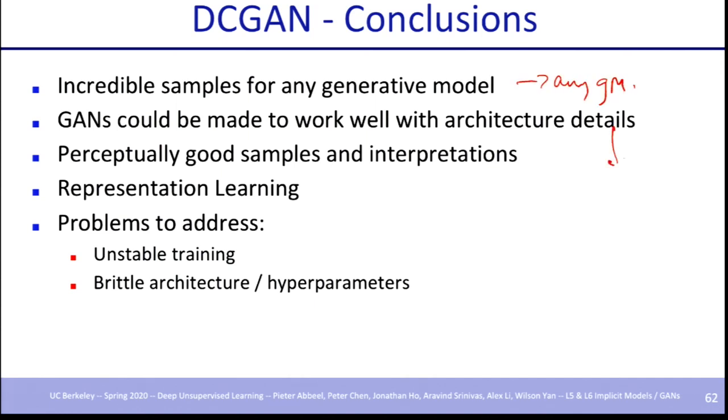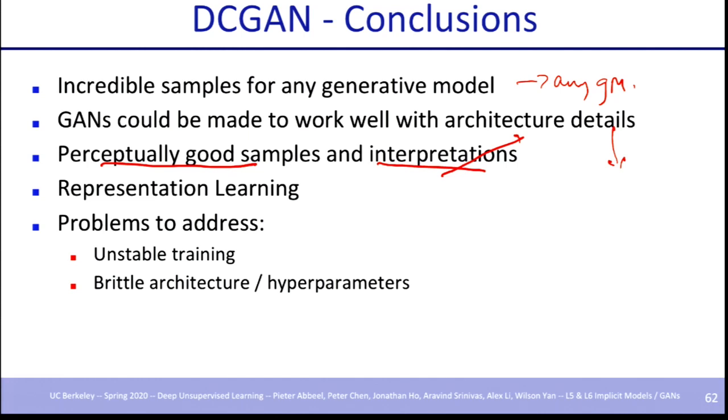And this was exciting for GANs, because GANs started off like an academic paper with a weird idea, which is very fancy, but not working. But then, with a lot of hacks and architecture details, it started working, and it was perceptually good. The interpolations were great, and then the representation learning aspect was also very exciting.